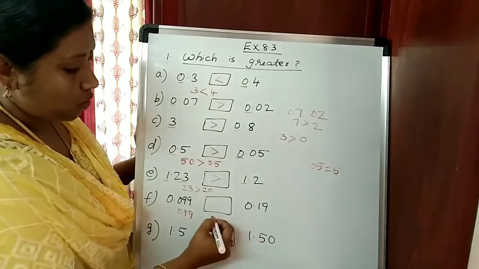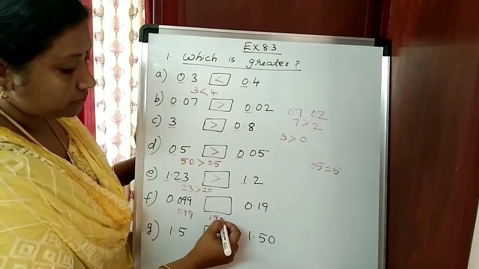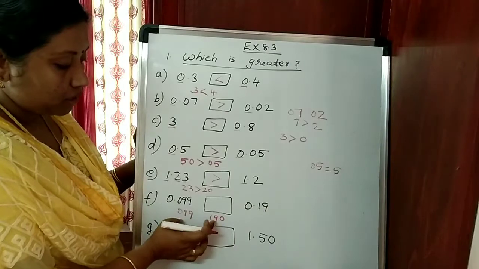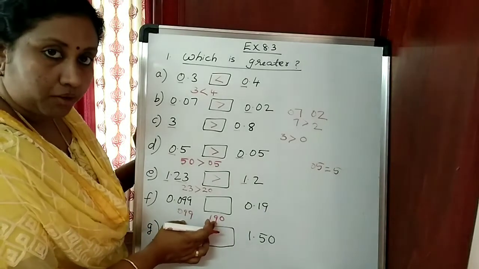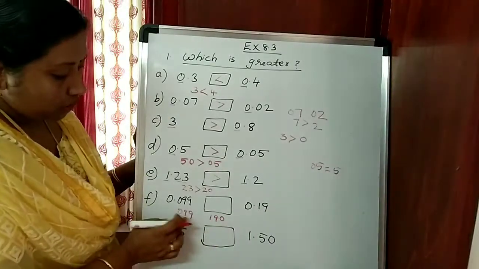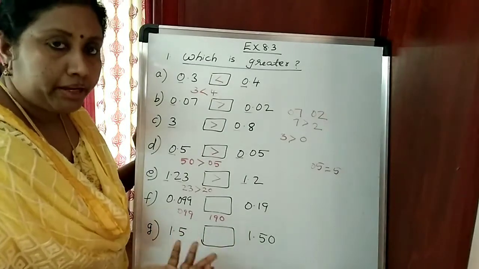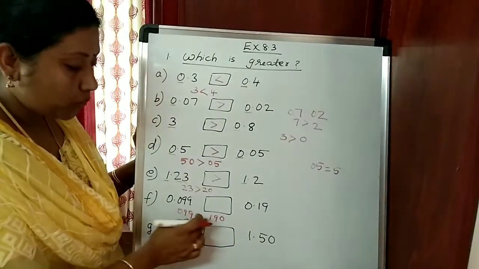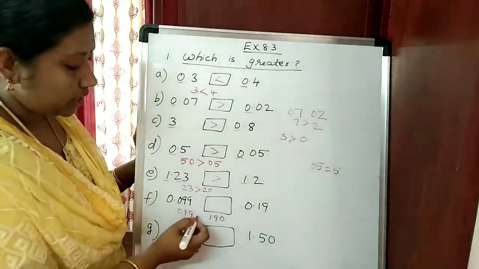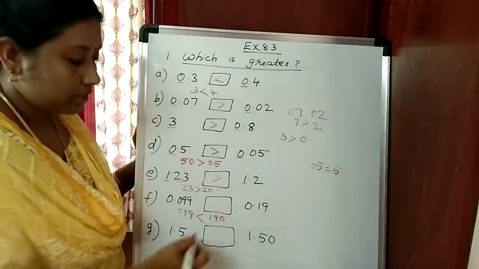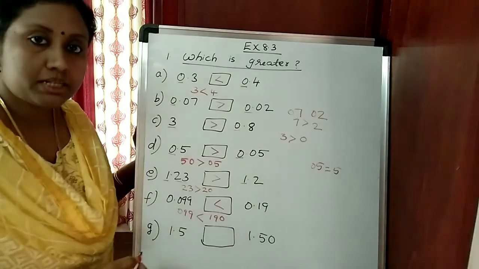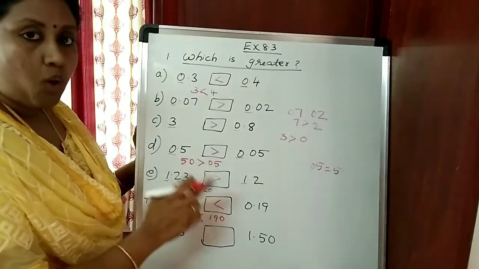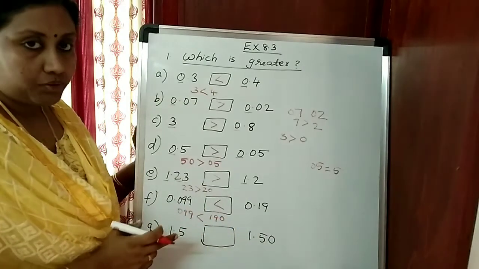Here 190. There is only 2 digits, so simply you put 1 0. Now both have 3 digits. 099 means what? 99. Then 190, which is greater, 99 or 190? Yes, 190 is greater. So which decimal number is greater? Yes, 0.19 is greater. All of you understand?